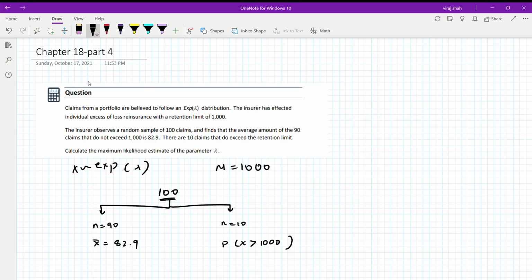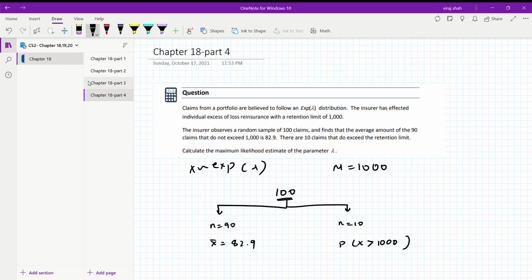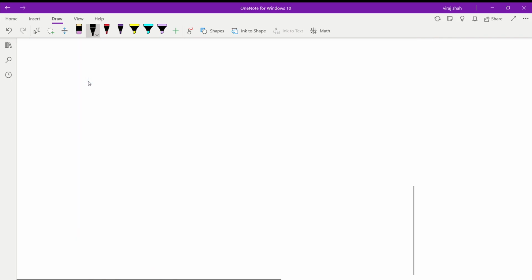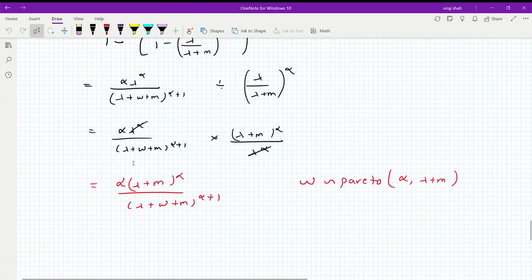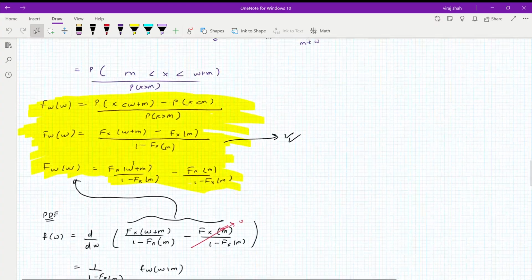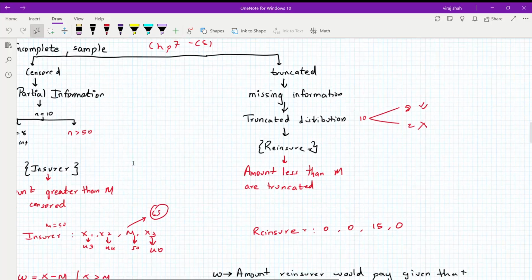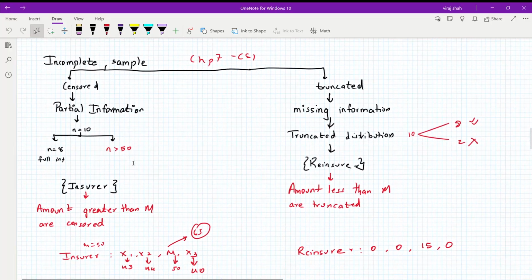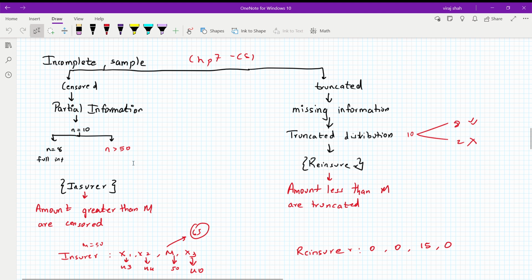Now, which type of information is this? Let us look at the two types which are observed. Incomplete sample: partial information, where there is some missing information.